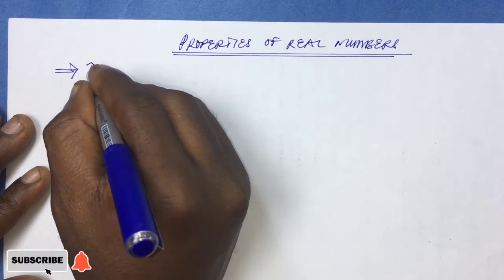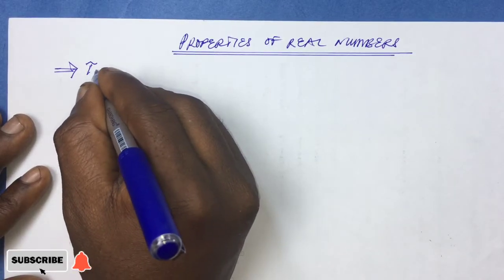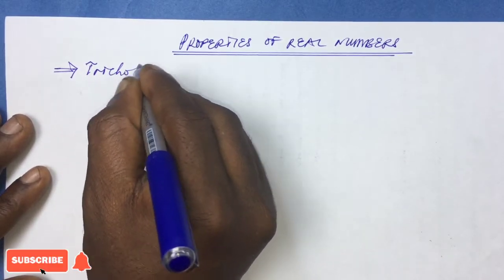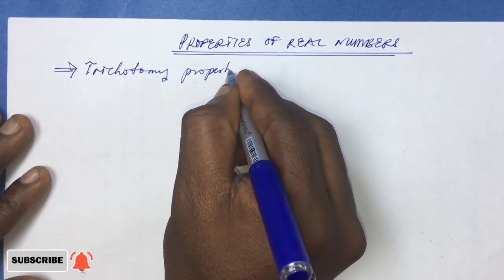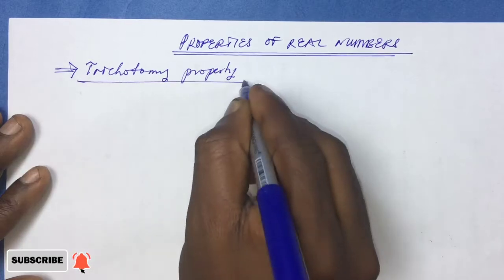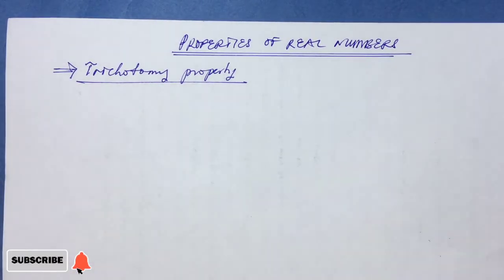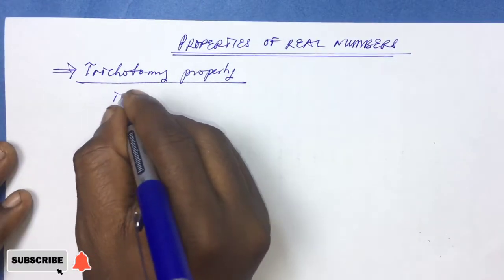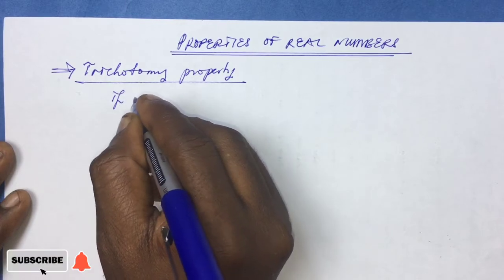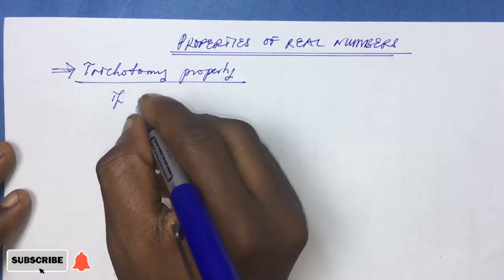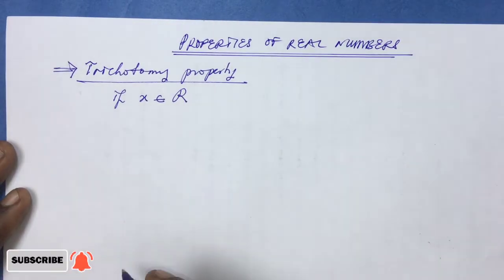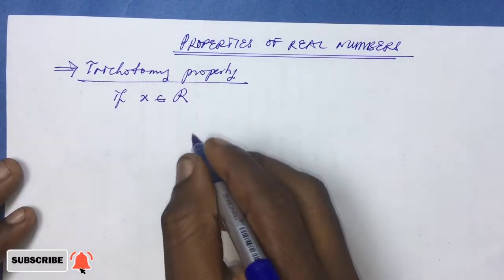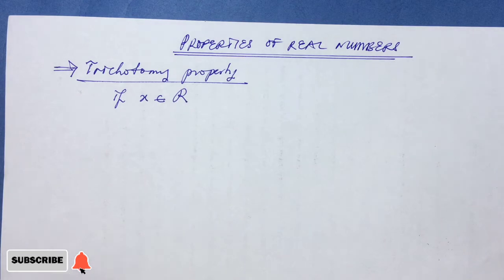The first property I want to explain is called the trichotomy property. Now, what does this property say? This property is simple. It says that if you have a number x, such that x is a real number, then any of three possibilities is possible for x.